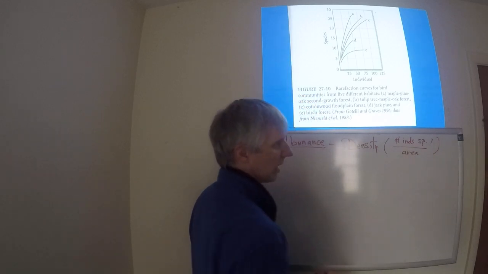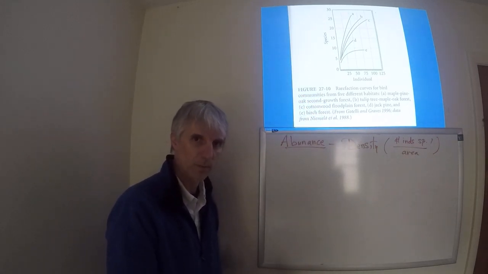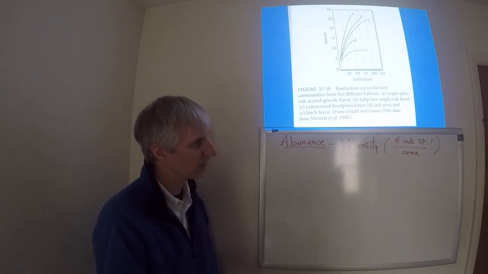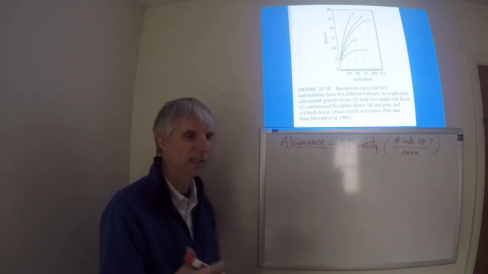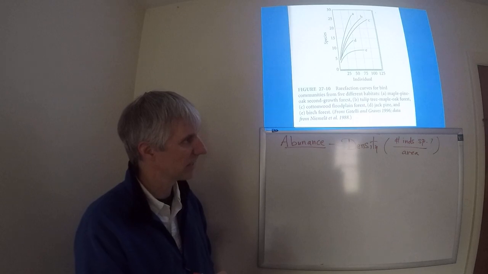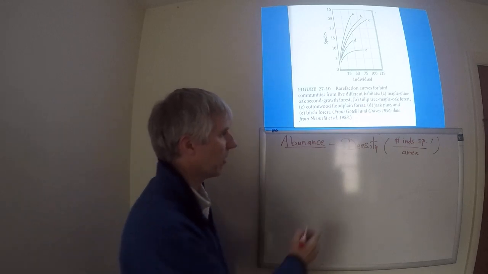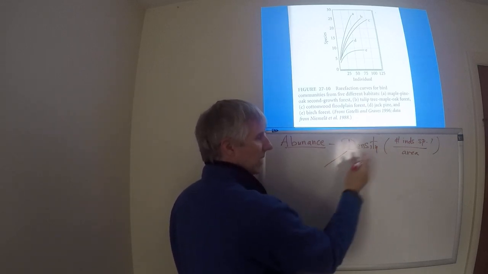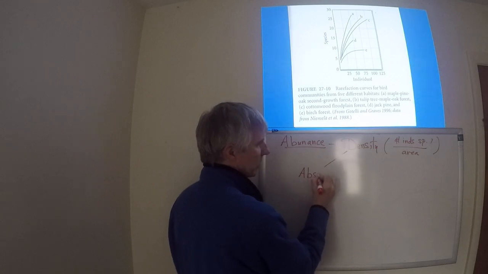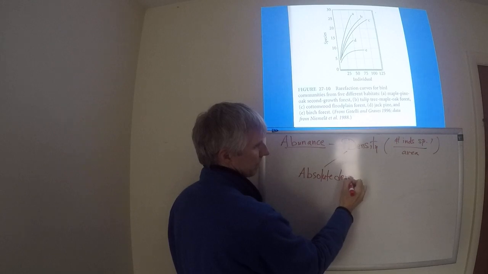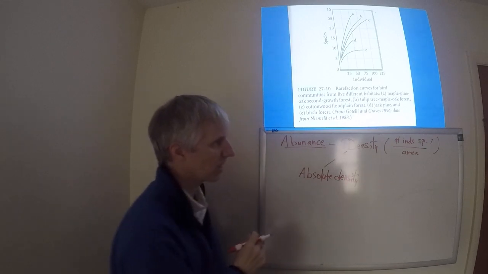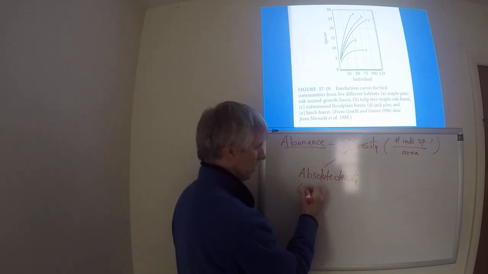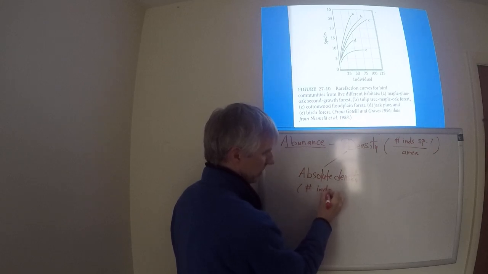And that gives us an idea of its density within the community. Right? The number of individuals divided by the area I looked at gives some idea of its density. Now, that measure itself is what's called the absolute density. That's number of individuals per area.